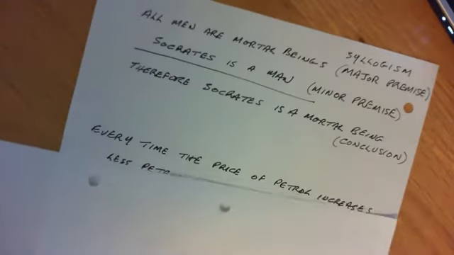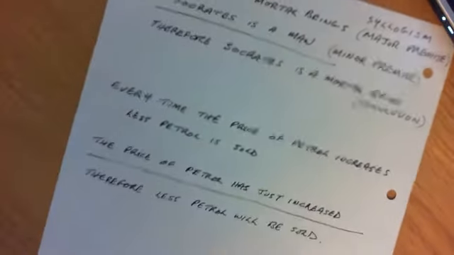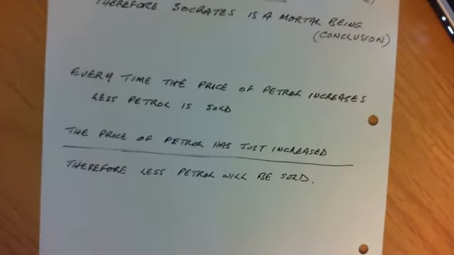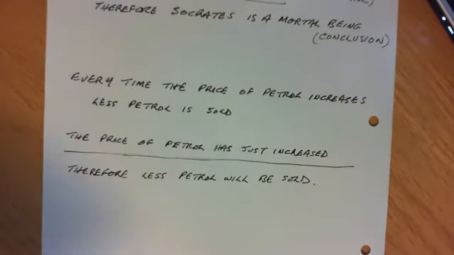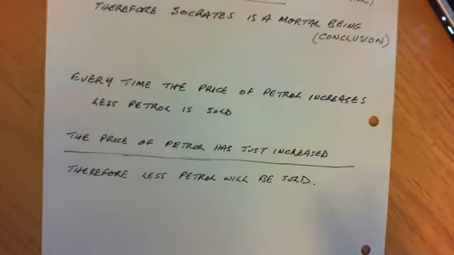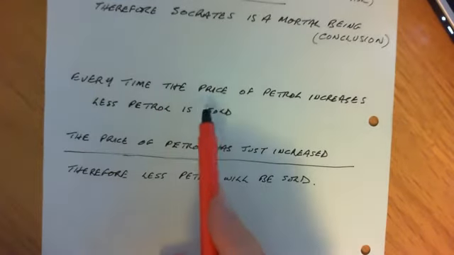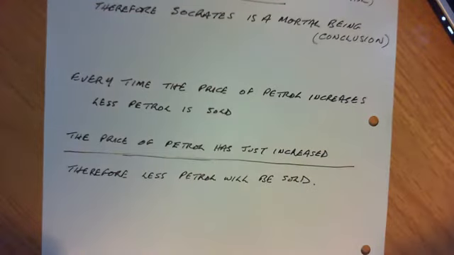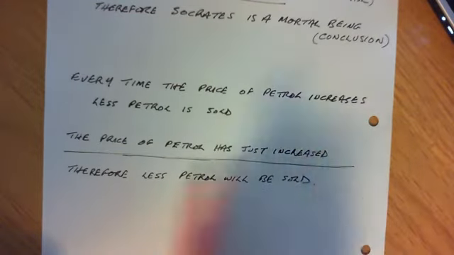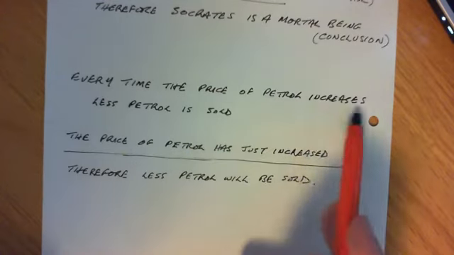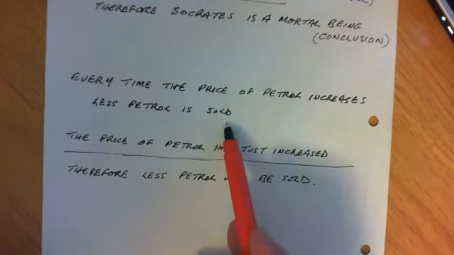Now let's apply this to a bit of economic thinking to see how it works. And that's the bit I was hiding, because I've written it out earlier for you. Just get it down so you can read it. Okay, here we've got: every time the price of petrol increases, less petrol is sold.